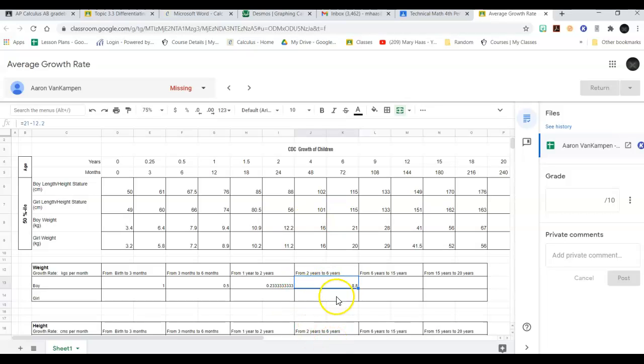All right, now here's where we have to be careful. I'm going to go equals 8.8. So I'm going to take that difference, which is 21 minus 12.2, and I'm going to divide it by 72 minus 24. I'm going to do it this way, 72 months minus 24 months. But notice that I put parentheses around that.